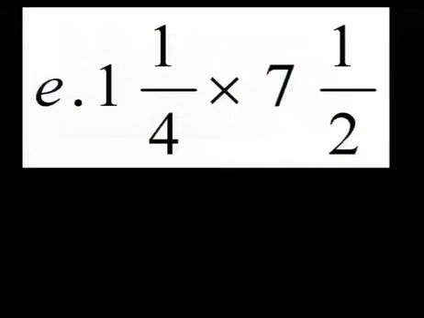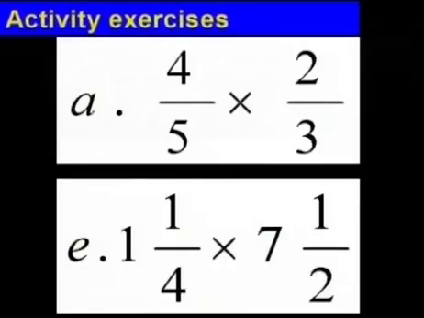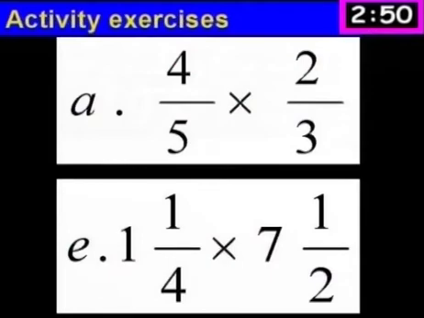Okay, I want 8s and receiving students to do A and E for us to correct. Receiving students, copy the activity down, A to E, and do it for your activity, but we'll do A and E first so we can correct it now.